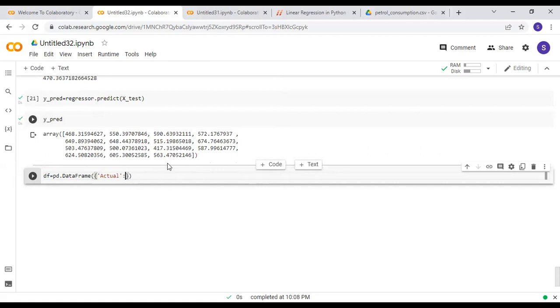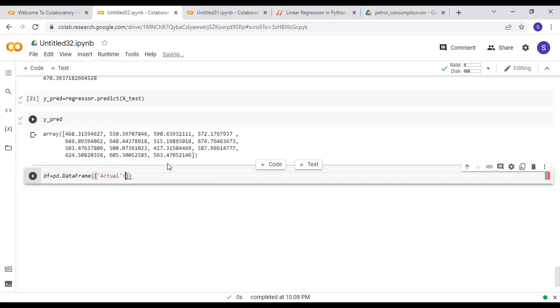The actual values are basically the y, and I'm inserting the test value x_test and making it y_pred. With respect to x_test, I'm making y_pred.